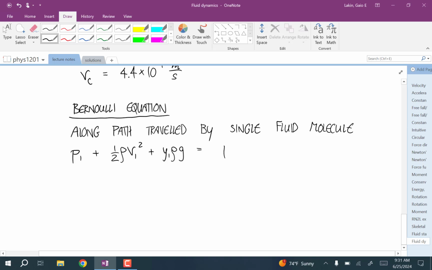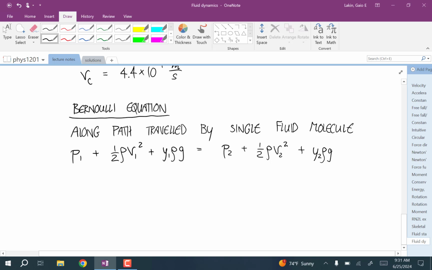So this is equal to P2 plus 1/2 rho V2 squared plus Y2 rho g.